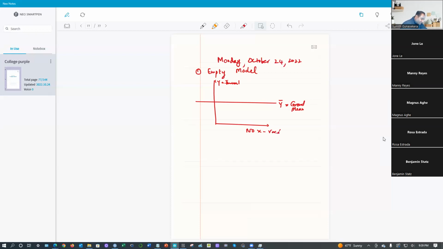So then you can say the model is just the average thumb plus E, the average thumb plus error, you know what I mean?